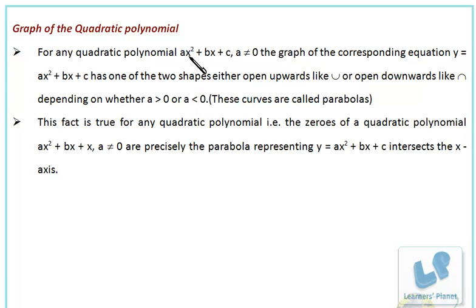That means the coefficient of x square is positive or negative, right? These U shapes, we call them parabolas, right?